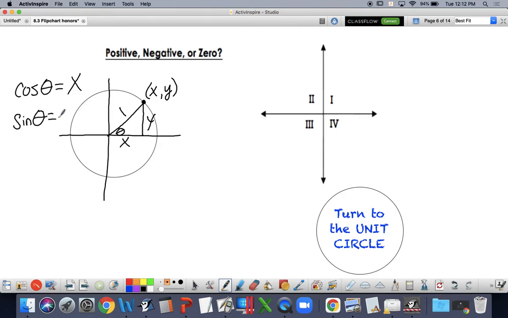Y. Just y, right? Y over 1. If you want to put the y in there, you can. But this is like the fundamental part of why it's important to know our unit circle. Because this is no longer the point x, y. It is the cosine of theta, the sine of theta.